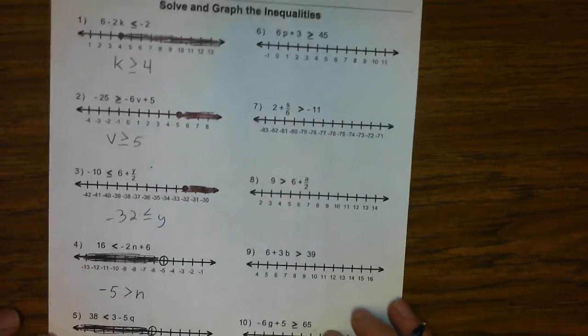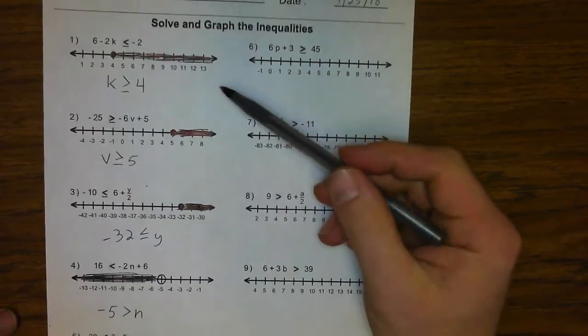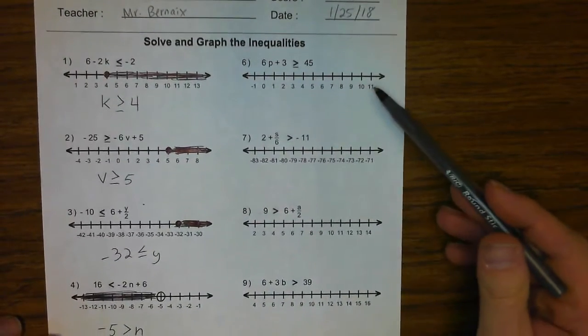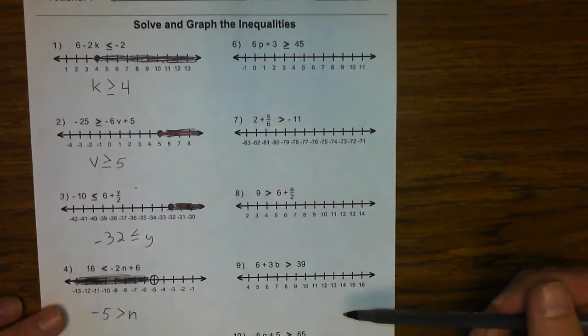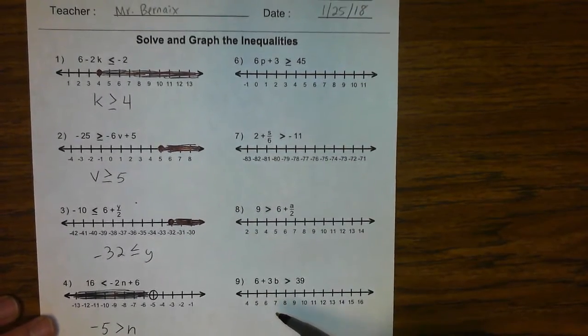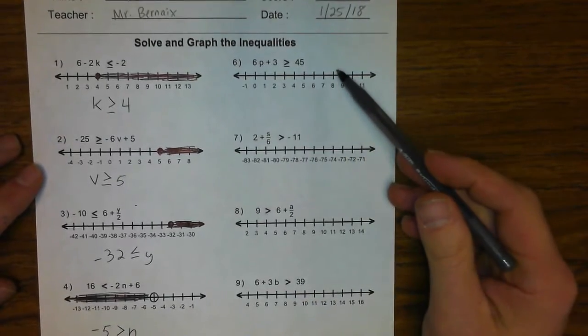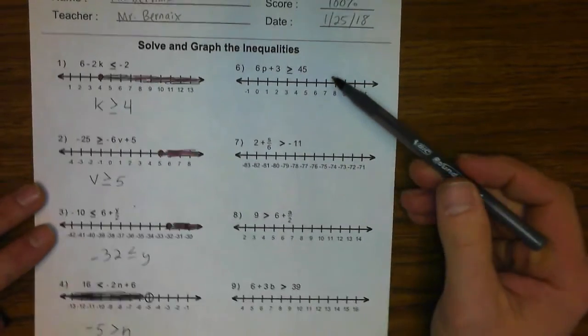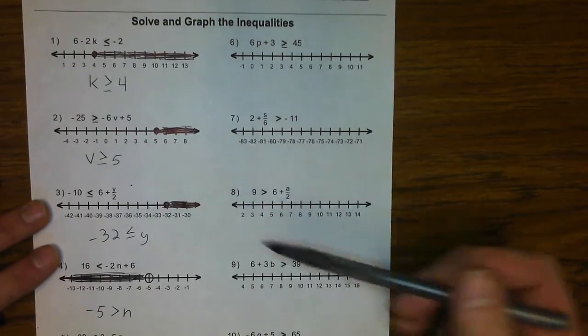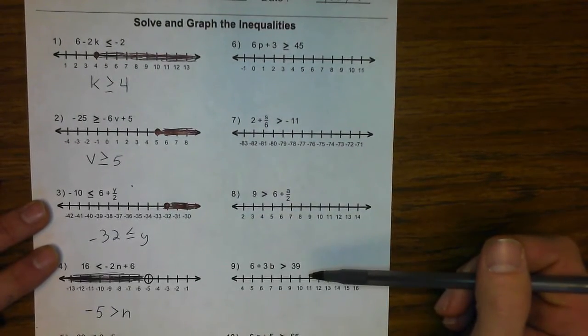Alright, so I did numbers 1 through 5 for you. I'd like for you to do numbers 6 through 10. Hopefully those examples will be helpful to you. Each one of these problems on the right side, there's another one on the left side that looks like it.